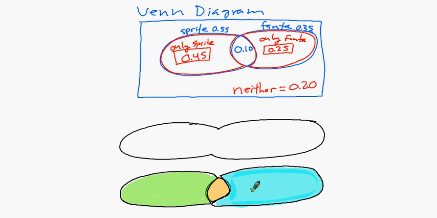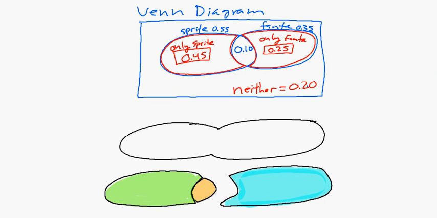And I've colored them nicely for you. Now, you can see that if we add this circle, that's the blue and the orange, and this whole big circle of the Sprite is the green and the orange. So we have orange in two different places. So what we need to do is have it in only one place.